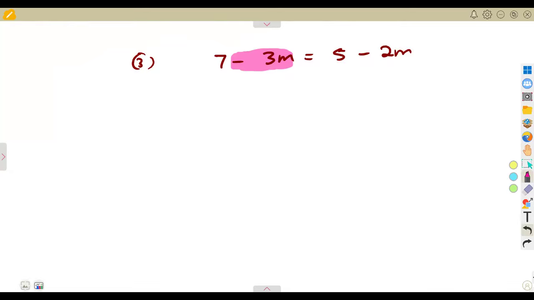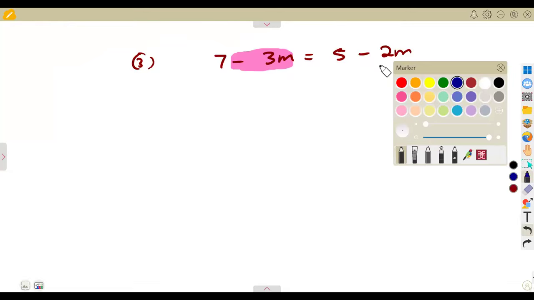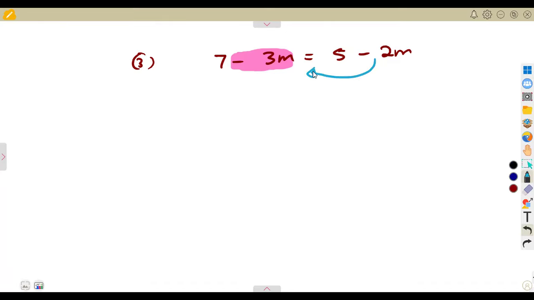So it means I'm going to transpose the other part of m to the other side of the equation. So already I was having a minus 3m on the left-hand side. If I transpose the minus 2m to this side, it becomes a positive 2m.